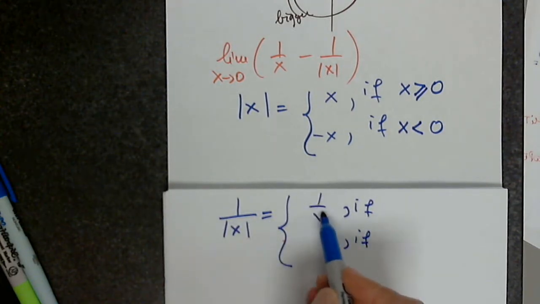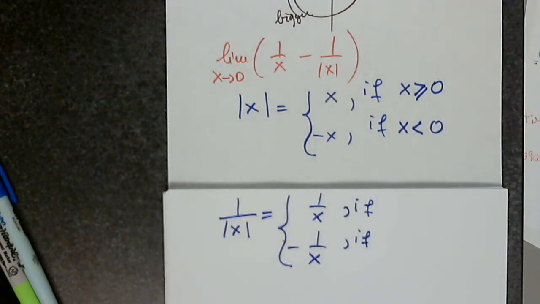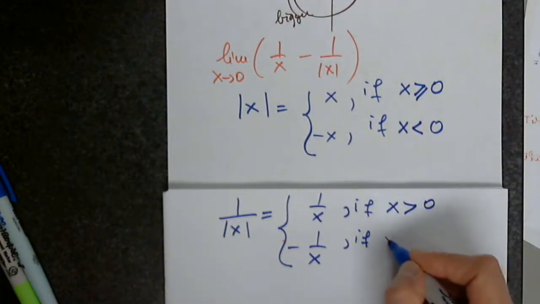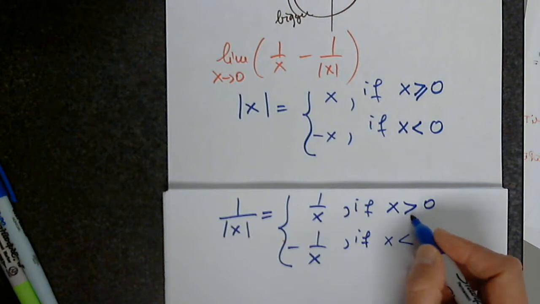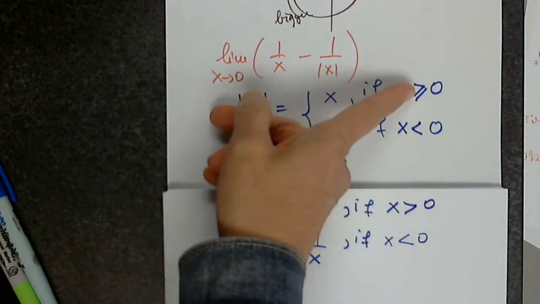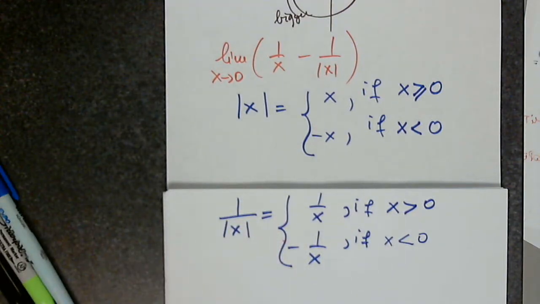Well, obviously 1 over x, or the other option is negative 1 over x, right? 1 over negative x, which is negative 1 over x. However, now I can no longer write the equal symbol here. That's not an option anymore. Why? Why was I able to write the equal symbol here, but I'm not able to write the equal symbol here? Can anyone explain? Exactly.